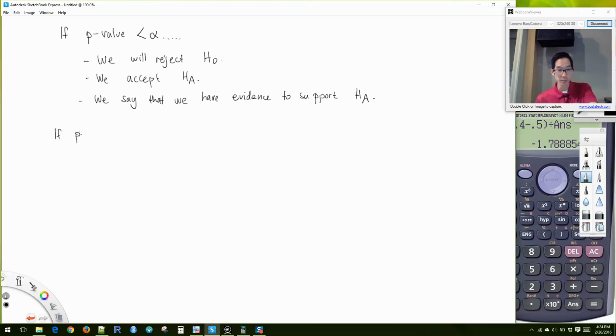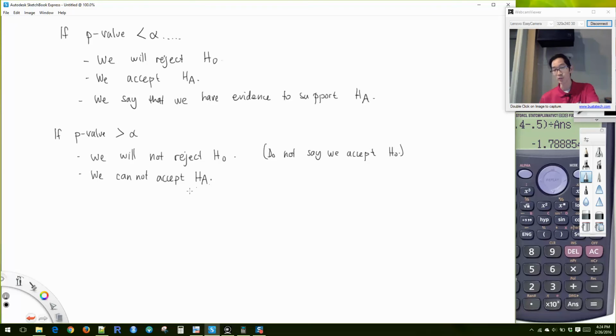On the other hand, if the p-value is greater than alpha, we will not reject the null hypothesis. Okay. Do not say we accept the null hypothesis. We cannot accept the alternative.